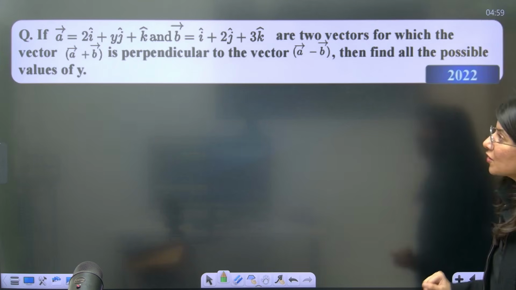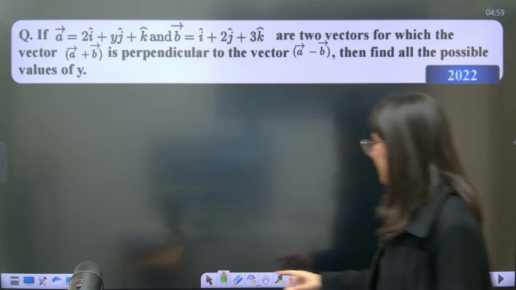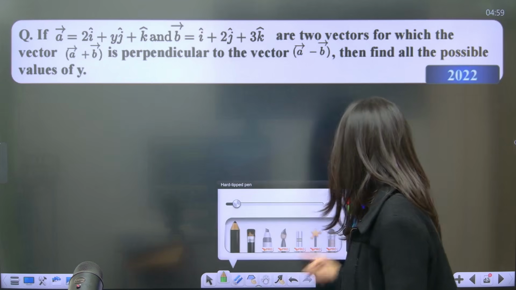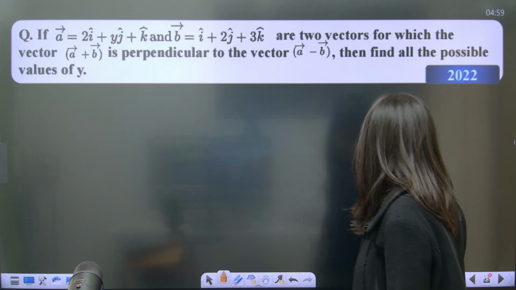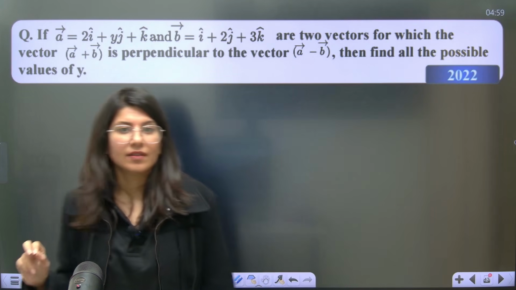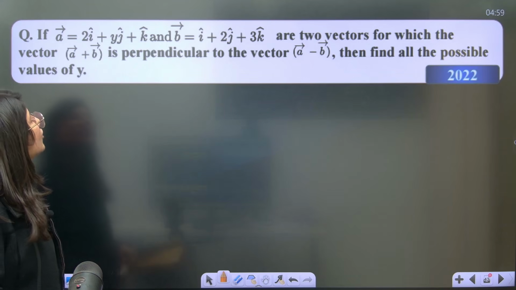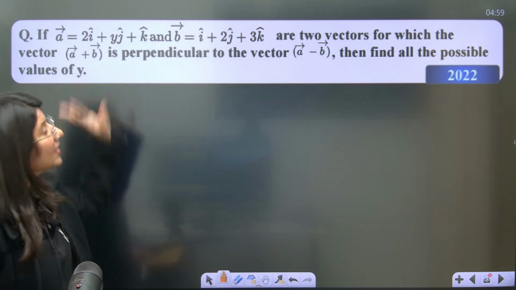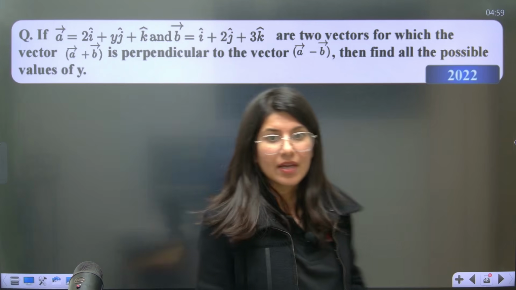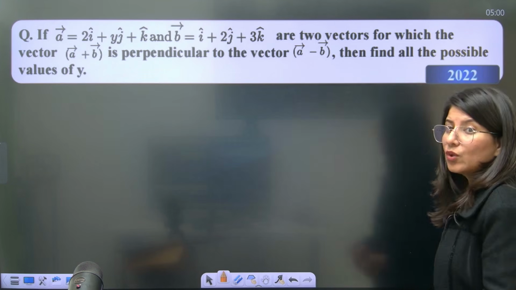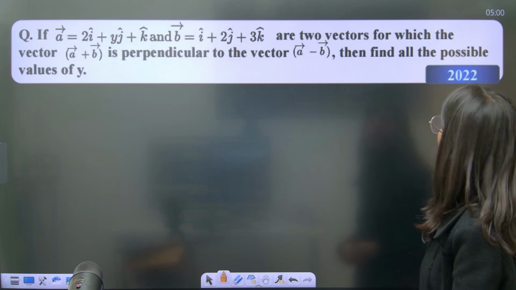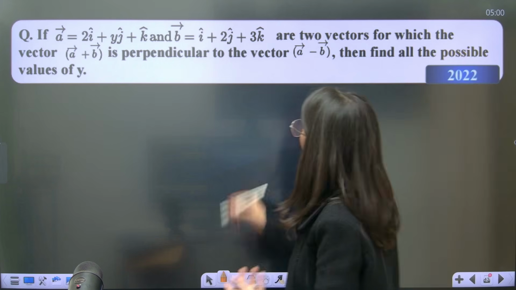Now next question on your screen, CBSE 2022. If vector a is equal to 2i cap plus y j cap plus k cap, and b is given, y is missing. A and b are two vectors for which the vector a plus b is perpendicular to a minus b.